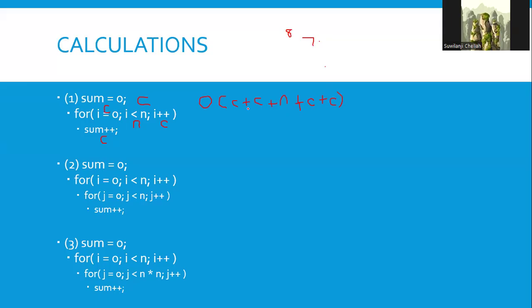And remember, in rule number 1A, we said that if we have these functions, what we do is that we collect the highest order. And we saw from the graph there that the highest order is N. So the time complexity of this algorithm is big O of N.